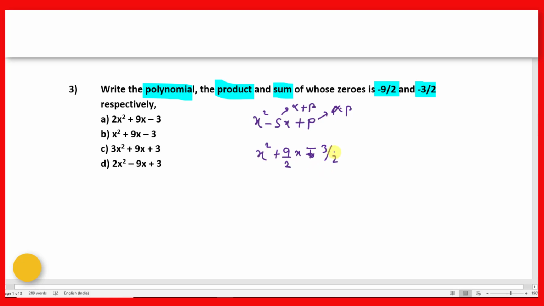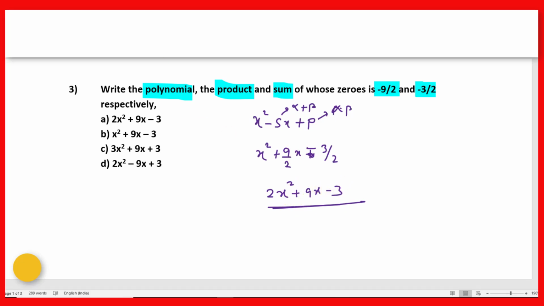Now multiply by 2 to each term and you will get the equation. So it will be 2x square plus 9x minus 3, and therefore the correct option is 2x square plus 9x minus 3. That is, option A will be the correct option.